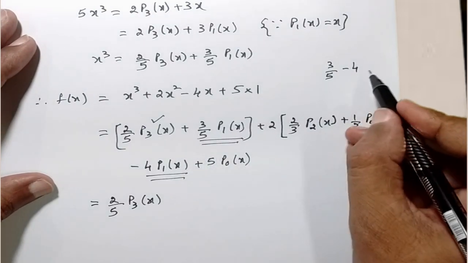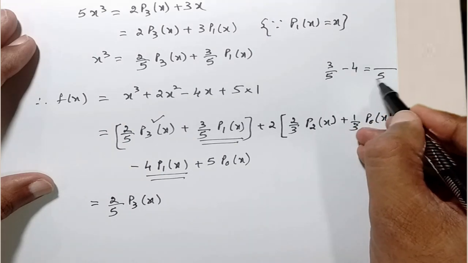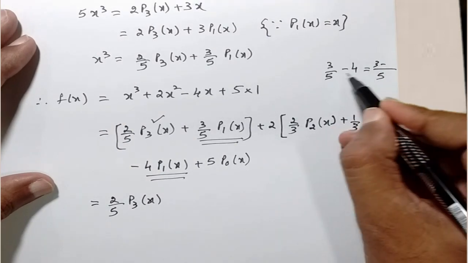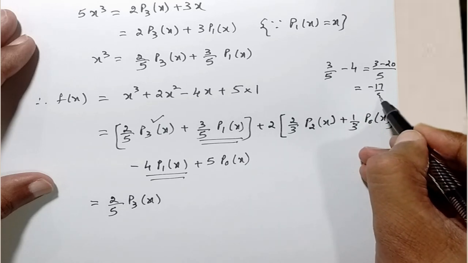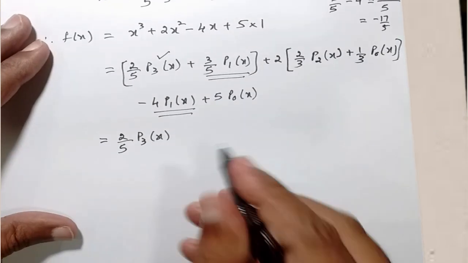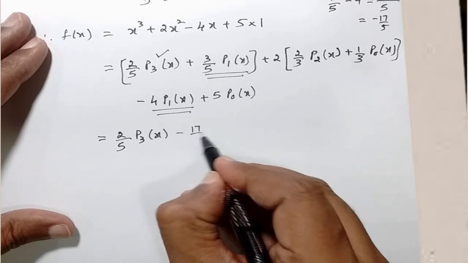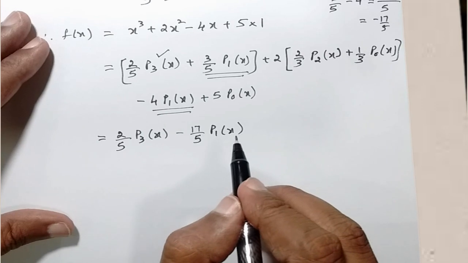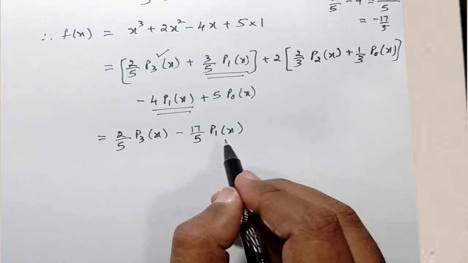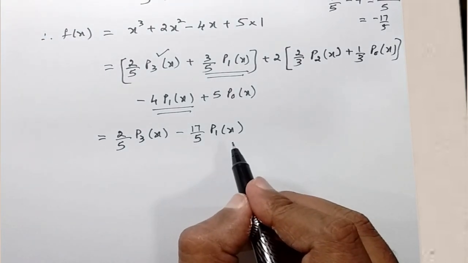These are the two terms you have. You can just take the LCM as 5. So it becomes 3 minus 4 times 5 is 20, so we'll get minus 17 by 5 P1 of x. That will be the expression you're getting for the coefficient of P1.